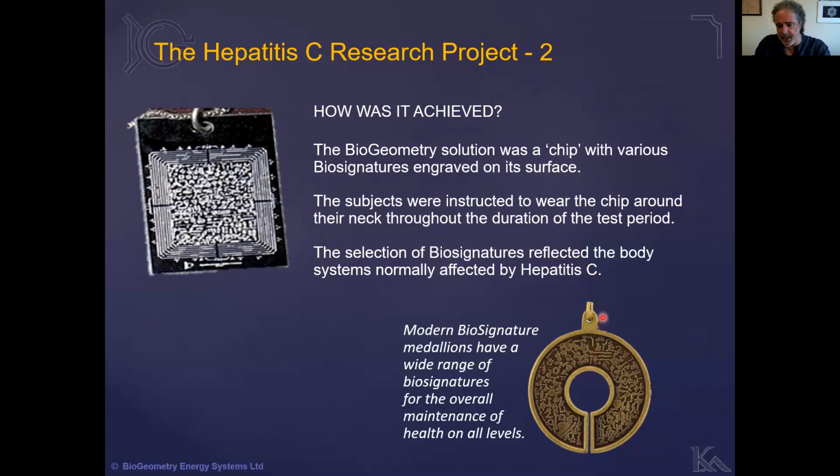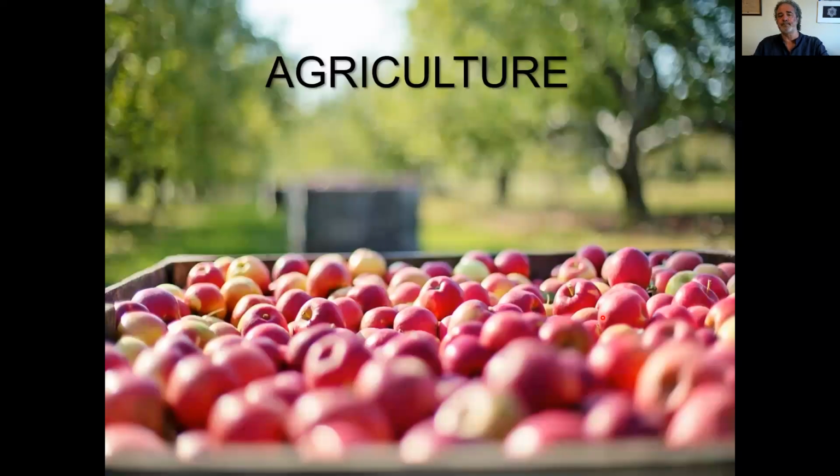But the point here being made is that the modern medallions contain what I like to call a cocktail of different biosignatures for the brain, for the heart, liver, stomach, kidney, the spine, for protection, mental and psychic levels, spiritual biosignatures, etc. Okay, we'll see those later. Now, projects about agriculture.